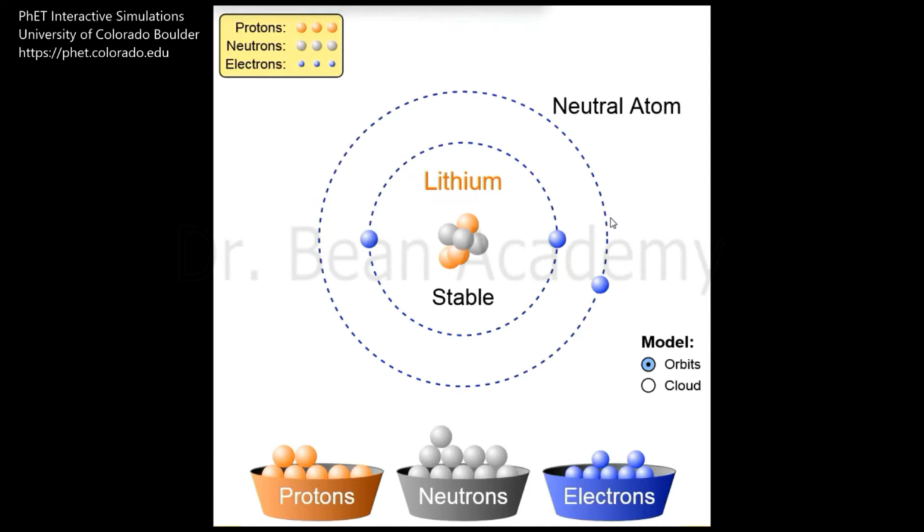Okay, so I want to remind you that this animation is based on a very elementary concept of an atom. So you know that in the nucleus there are protons and neutrons, and electrons are spinning around the nucleus due to the electrostatic force between the positive nucleus and electron, and that force acts like a centripetal force, so they move in circular orbits, and those orbits are not well defined like they are shown in this animation.